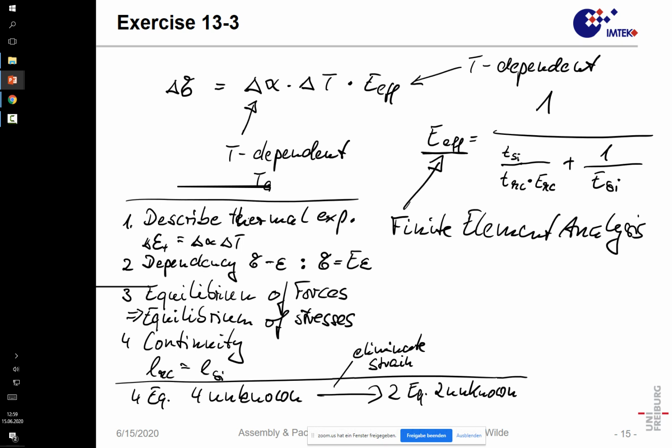And due to this equilibrium of forces, in the end we only have 1 equation for sigma silicon. Okay, and that's what the principle is. And here we have seen, let's say, the basics of mechanics of thermal expansion.